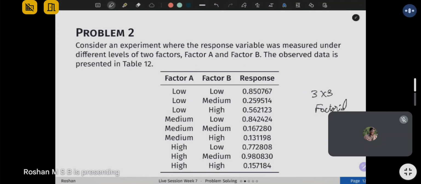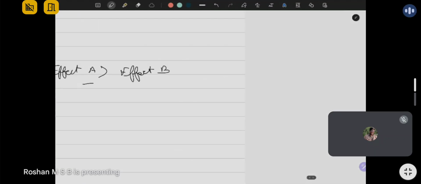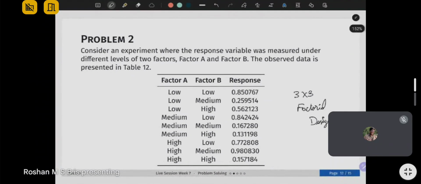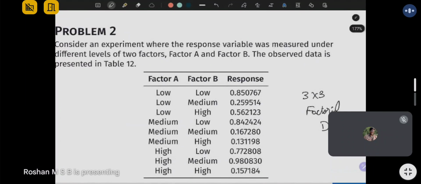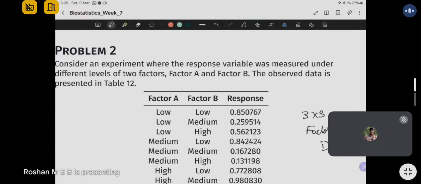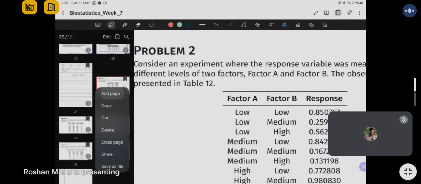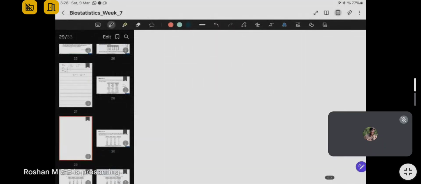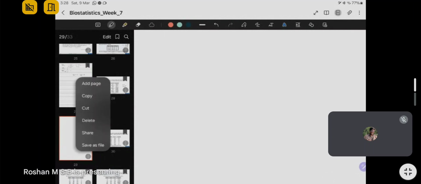Similar to the last problem, we want the effect of A, the effect of B, and the interaction, sorry, not the response. In this case, we have three levels, right?